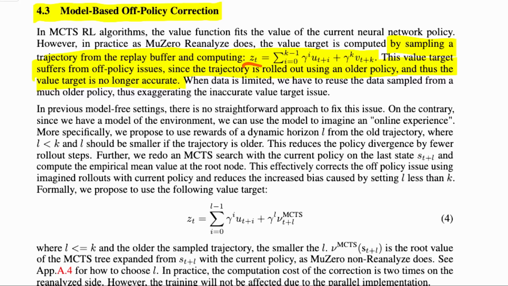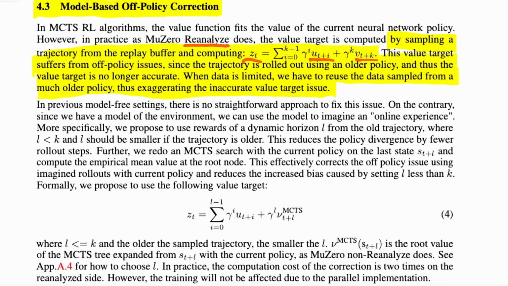Now, MuZero reanalyze, this is a particular version of MuZero, already handles that a little bit in that it actually recomputes the values, the scalar values, with the current network before it learns from them. But still, the policy used to generate that data is from an old policy. And so they say, when data is limited, we have to reuse the data sampled from a much older policy, thus exaggerating the inaccurate value target issue.